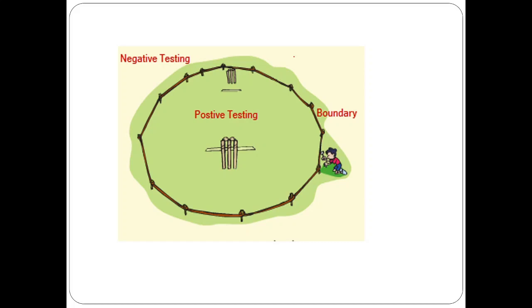See this example: everyone plays cricket, and in cricket we have a boundary. How do you decide whether the cricketer has hit a 4 or a 6? Based on this boundary, we decide whether the ball has gone for 4 or 6. In the same way here, if the values are inside the boundaries, we say the values are valid, and if the values are outside the boundaries, we say they are invalid values.